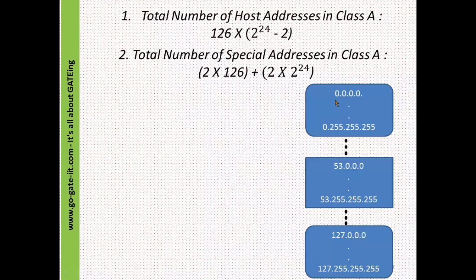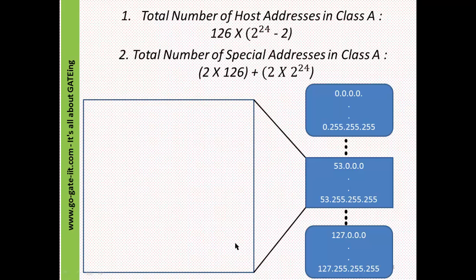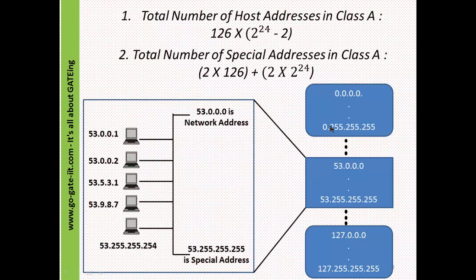As I told, class A starts from 0.0.0.0 to 127.255.255.255. That is, except the first bit of the first octet, which is 0, all the rest of the bits are 1. So that makes 127.255.255.255. Now you can see that 0.0.0.0 to 0.255.255.255, this complete block of addresses, belongs to special IP addresses.